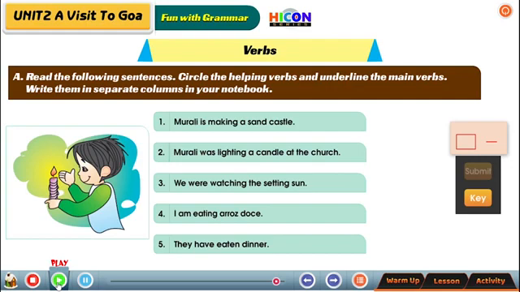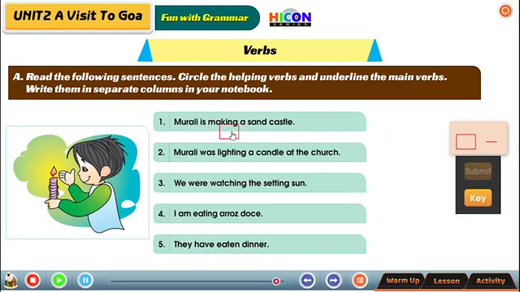Right. So, Murali is making a sand castle. In this sentence, is making is the verb part, isn't it? Now in that, is is the helping verb and making is the main verb.